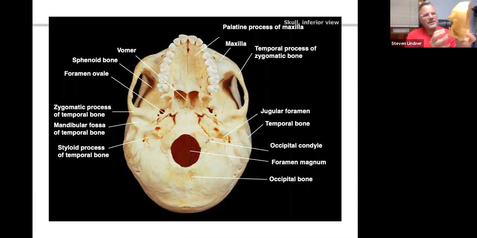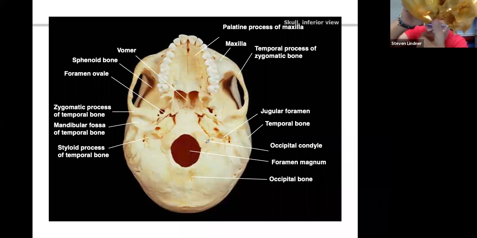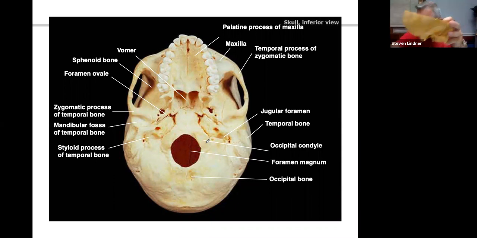Just next to it, right here and here, are the occipital condyles. These occipital condyles are rounded in contour. It's a perfect condylar shape to articulate with the top of the atlas vertebra.